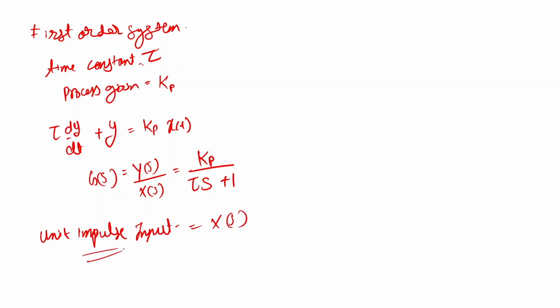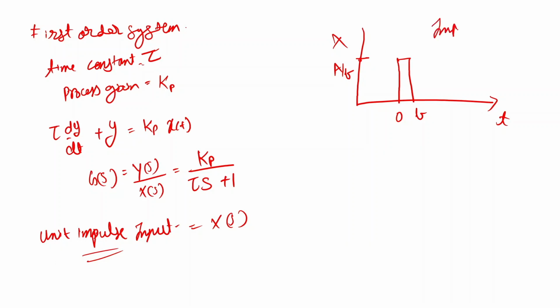By unit impulse input we mean to say that if this is x versus time, the input to the system is of this form, where this is a time, let's say 0 to b, and the area will be a, so the magnitude will be a upon b. So this is our impulse input.